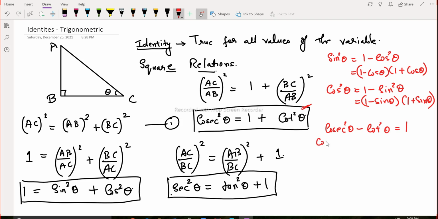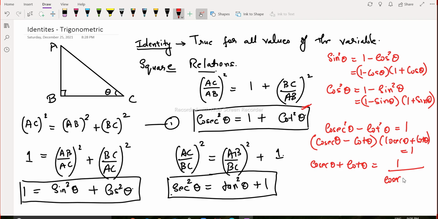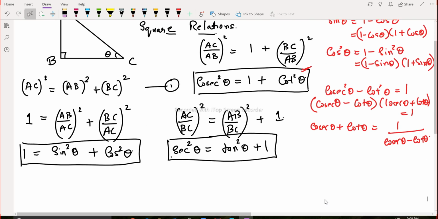I can also write this as cosec theta minus cot theta into cosec theta plus cot theta equal to 1. So I can also write this as cosec theta plus cot theta is equal to 1 upon cosec theta minus cot theta. So these are different ways by which you can use the identities.